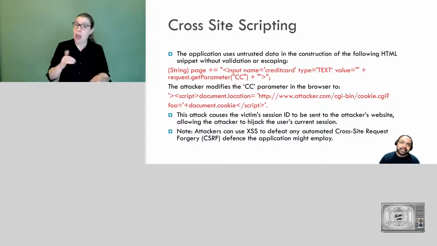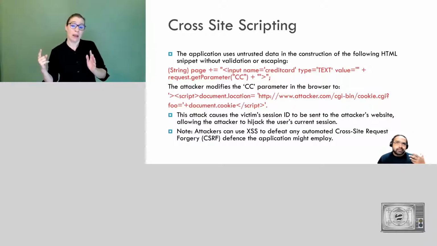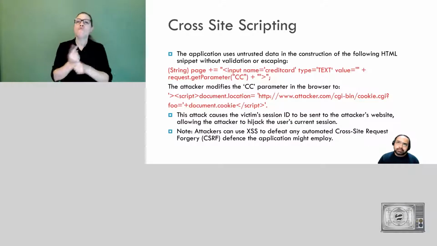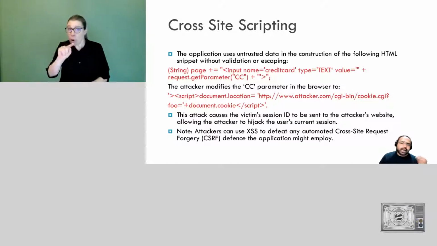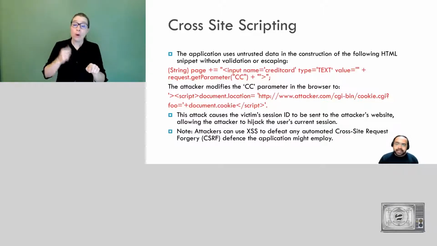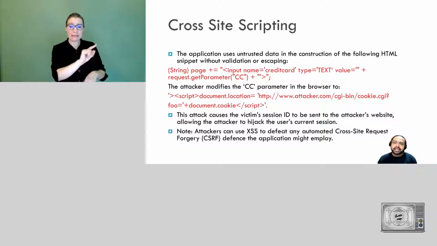That can be handled by properly validating the input field and also escaping. Now, in this case, you can see that the attack causes the victim's session ID to be sent to the attacker's website, allowing the attacker to hijack the user's current session.